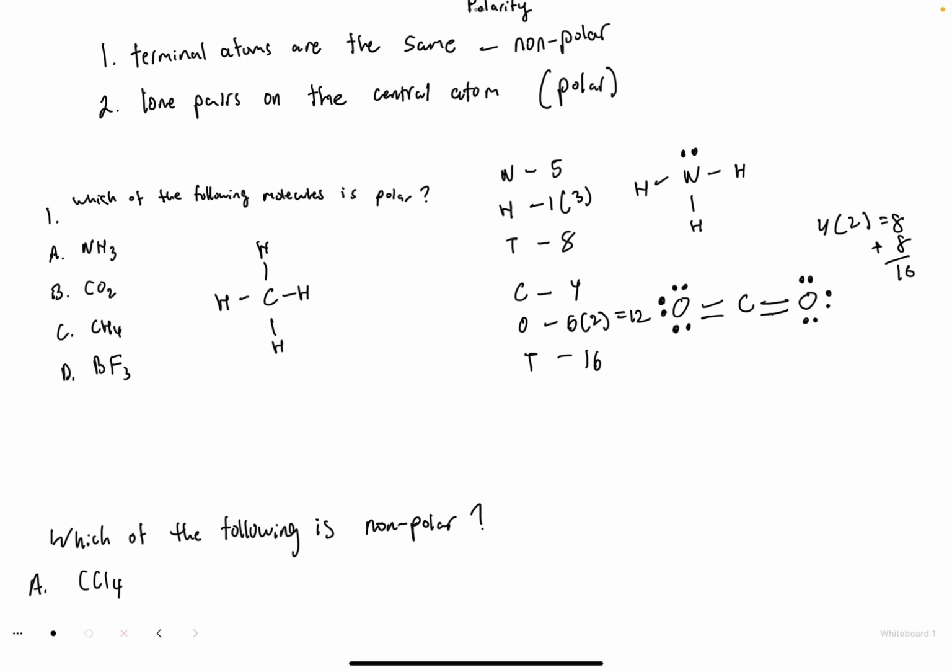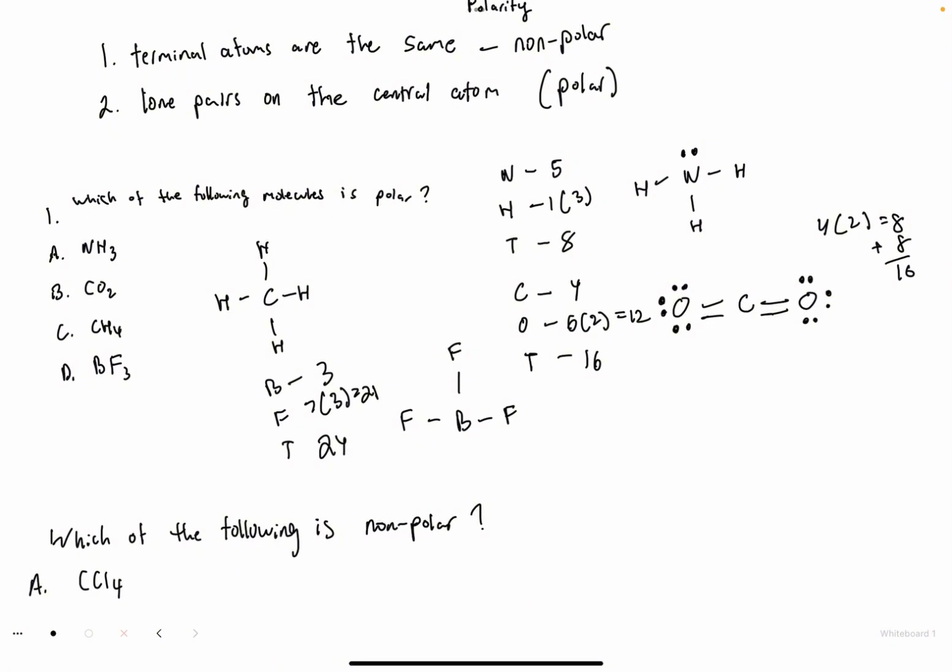And then lastly but not least, BF3, so boron, fluorine, total. Boron has a total of 3 valence electrons. Fluorine has 7 valence, so that's 21, for 24 valence electrons. Boron is going to be our central atom, with fluorine, fluorine, fluorine. The special thing about boron is that it doesn't need to take a full octet.